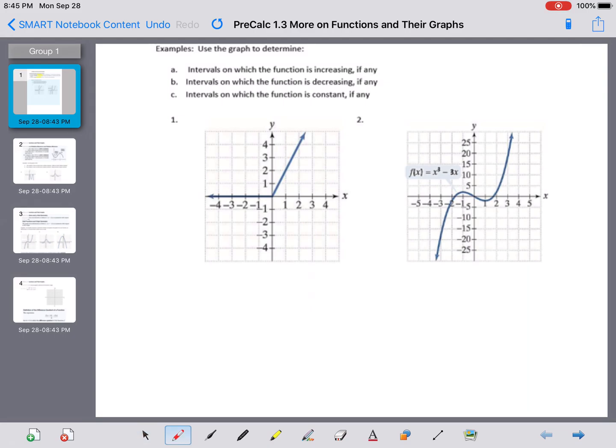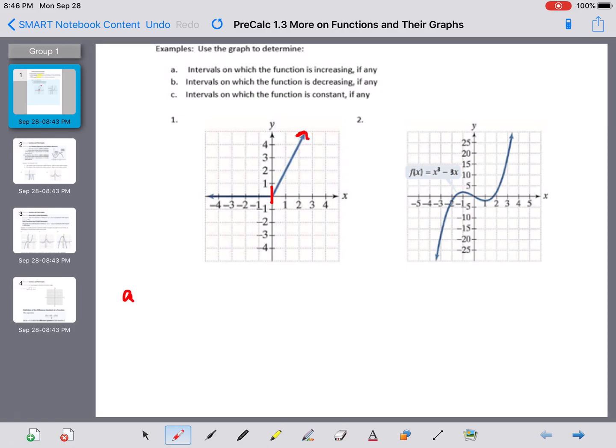I have a graph of my function. The blue line here is the function. I guess on your paper it'd be black, but in my notes it's still blue, so you can look here in my notes. I'm looking to say, is there any place where my y is increasing? Well, I notice from this point here all the way here and keep going, my y is increasing.